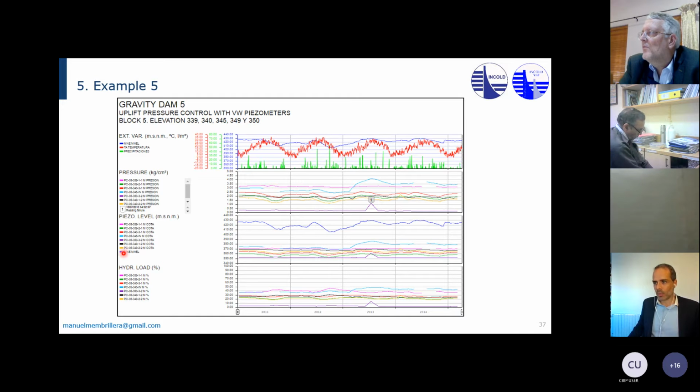Absolute, this is the pool level. So this blue line is the absolute pool level, meters above sea level. And these are the piezometers, absolute meters above sea level. And this is the percentage of load in relationship to the reservoir level. You can see that they go from almost 0 to, in some cases, more than 40, almost 50% of the pool level.